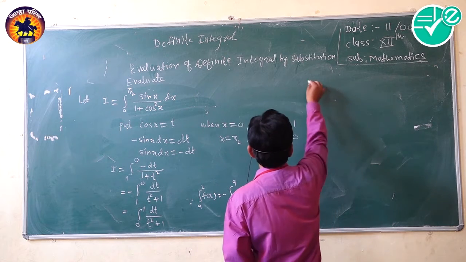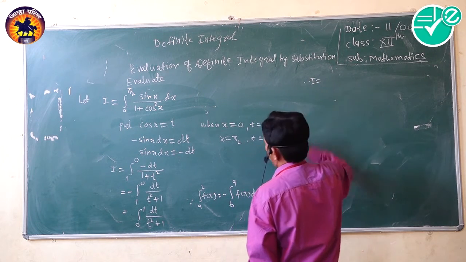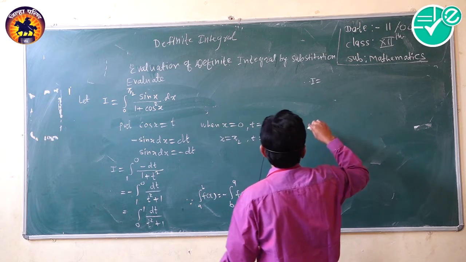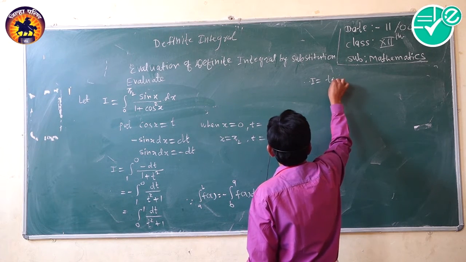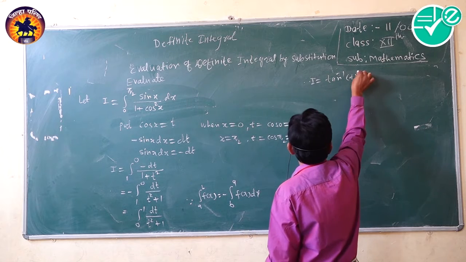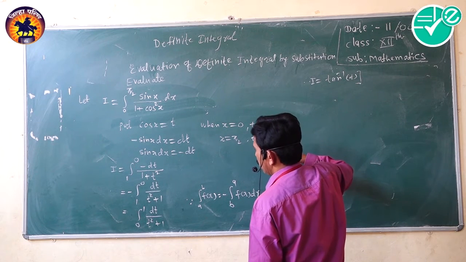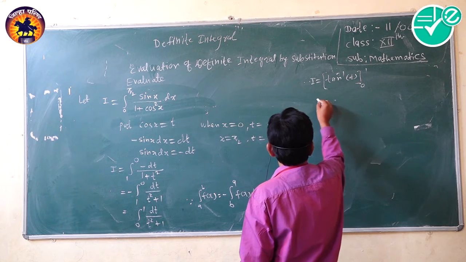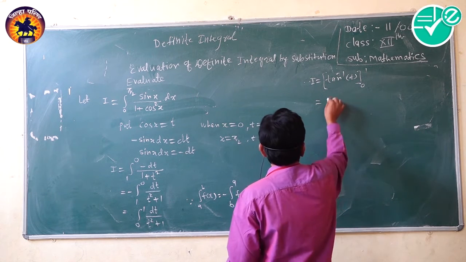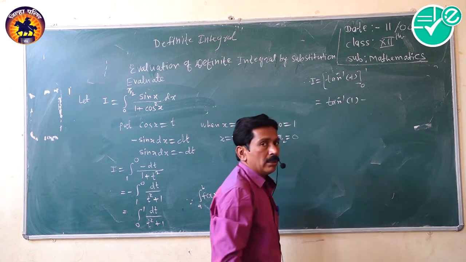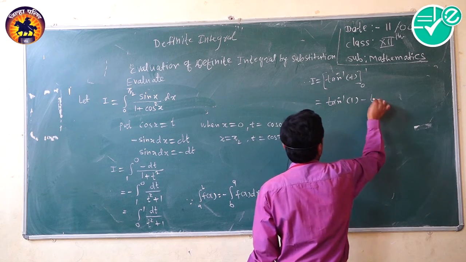Therefore I becomes integration of this, tan inverse t, limits are 0 to 1, this is equals to tan inverse 1 minus tan inverse 0.